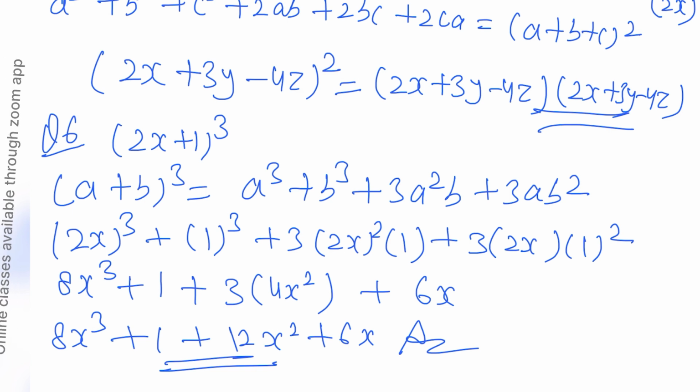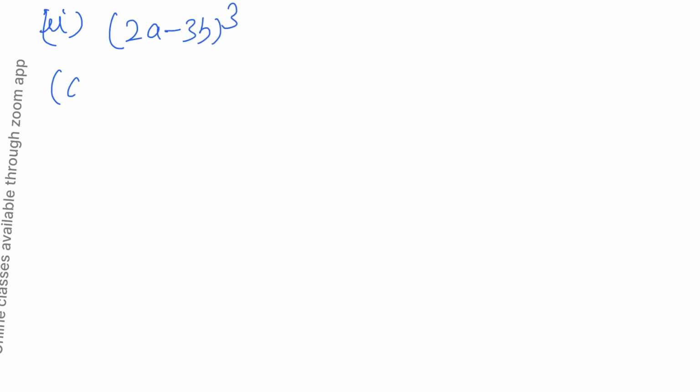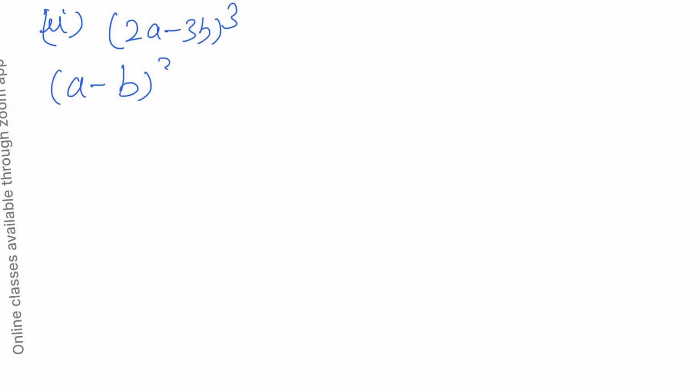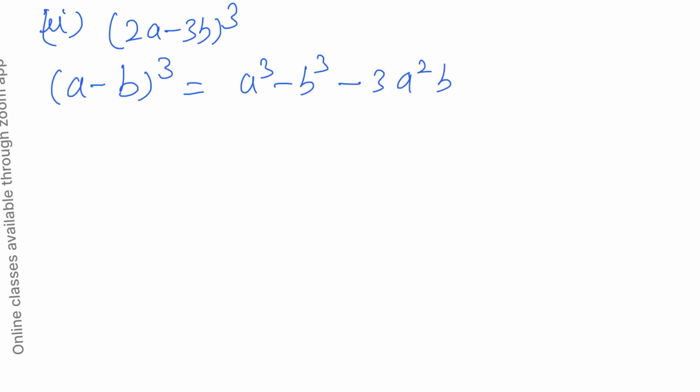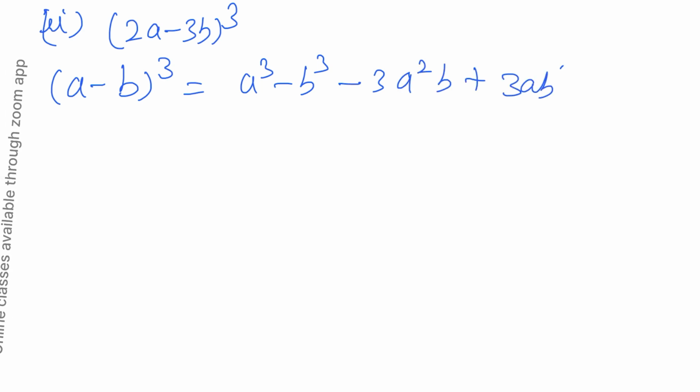Now we have the next part of this question. The second part of question number 6 is (2a - 3b) whole cube. So again we have to apply the cubic identity. Here we have to apply (a - b) whole cube, that is equal to a cube - b cube - 3a square b + 3ab square.